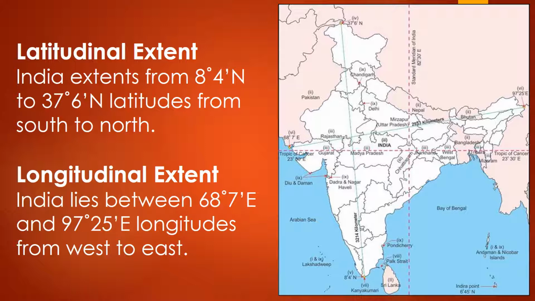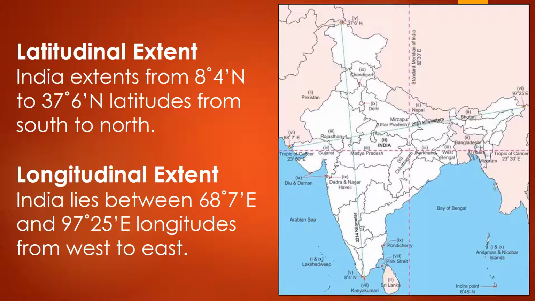The Tropic of Cancer passes through the country and it divides India almost into equal parts, that is northern and the southern halves. The Tropic of Cancer passes through Gujarat, Madhya Pradesh, Rajasthan, Chhattisgarh, Jharkhand, West Bengal, Tripura and Mizoram.